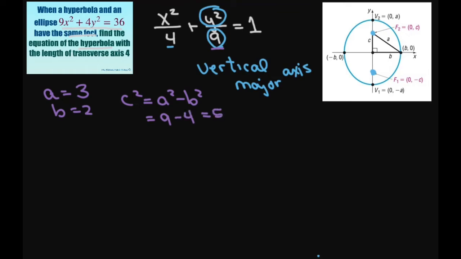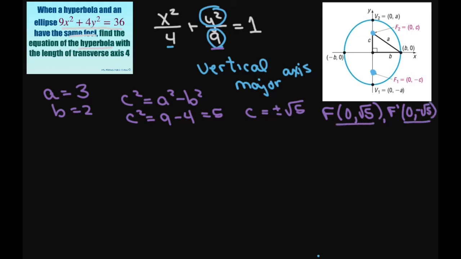So therefore, that c squared is 5. So c equals plus or minus square root of 5. Since it's on the y-axis, the foci are going to be at (0, square root of 5), and F prime is going to be (0, negative square root of 5).